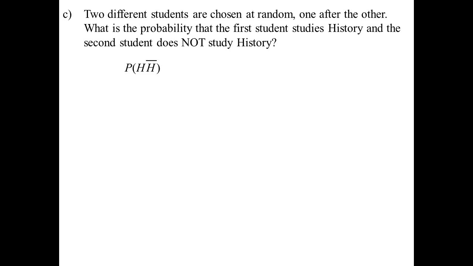Probability picking someone that studies history must be 20 out of the 40 people. Times, and now I'm going to find the second student that does not study history. Well, there was another 20 students that don't study history, but now it's only out of 39 because I've already picked that other student. So 20 on 39, we end up with 10 on 39 for our probability.